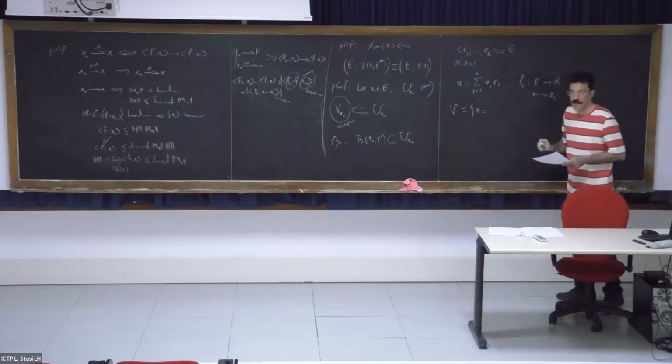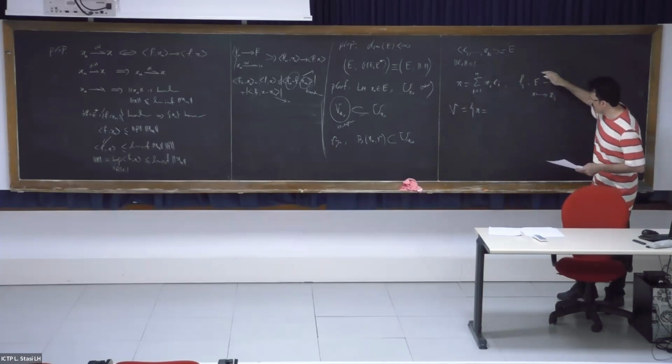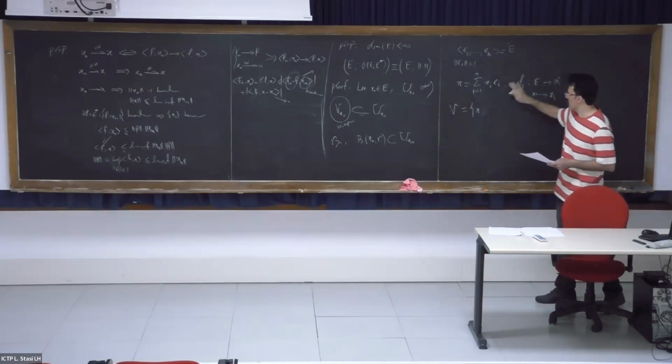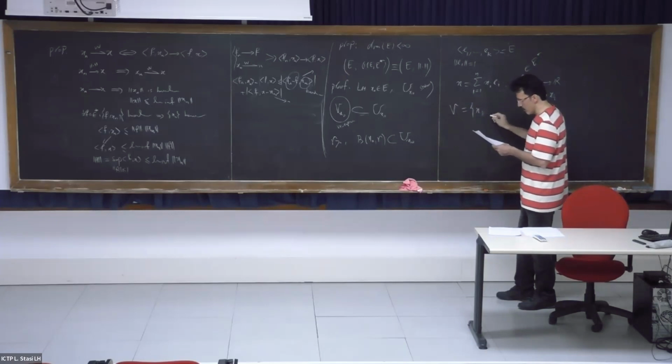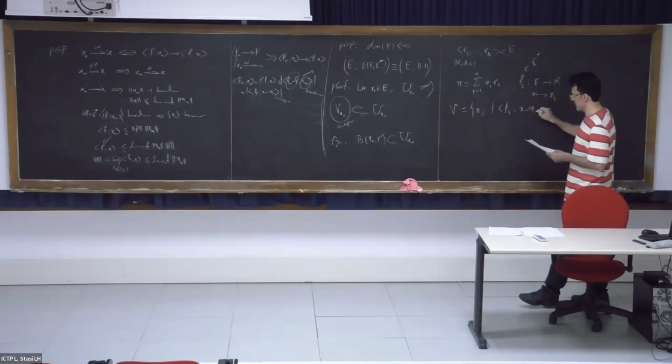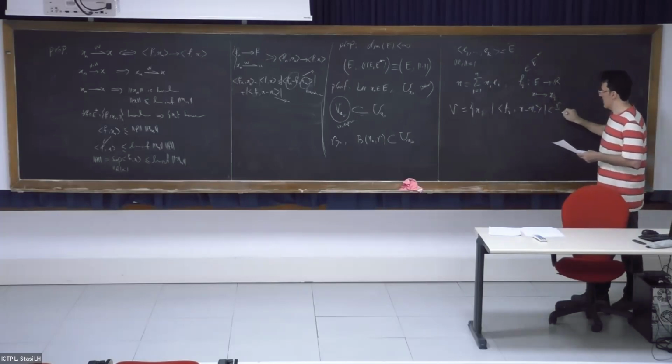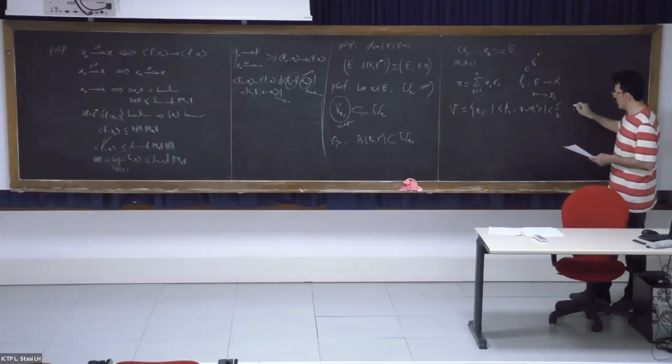By using this functional, they are indeed continuous and linear, so they are in E star, and we may define V like this: |phi_i(x − x0)| less than r over k for i from 1 to k.